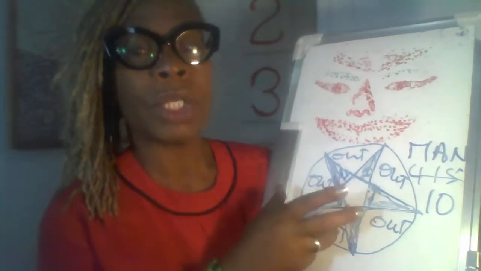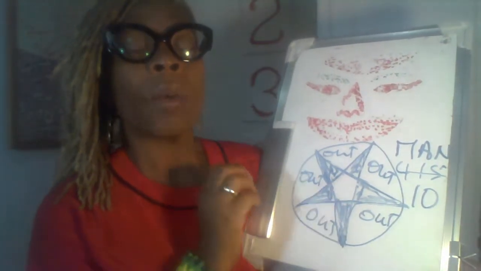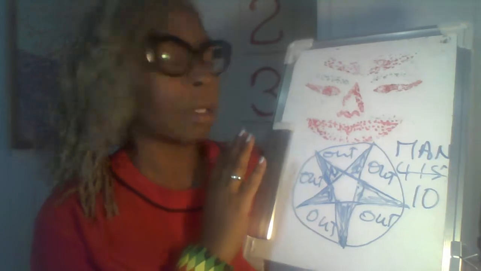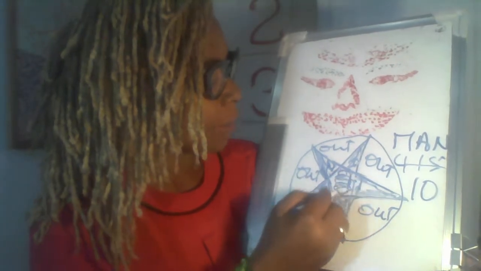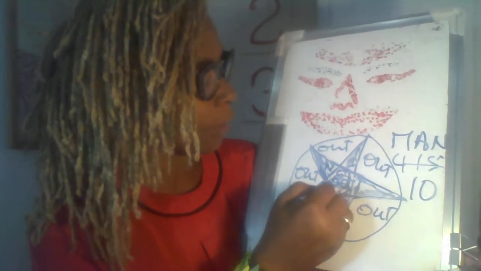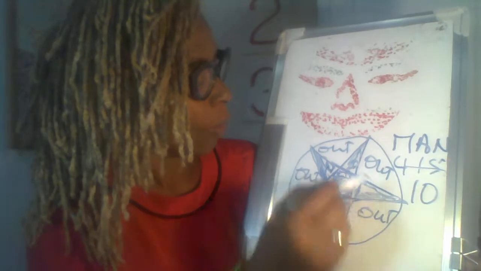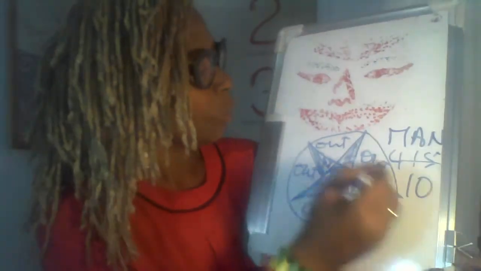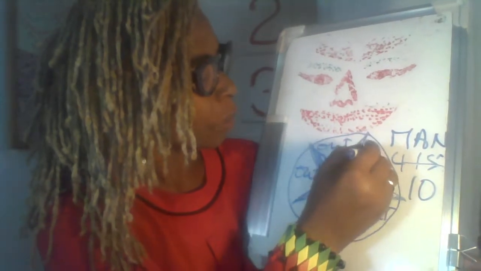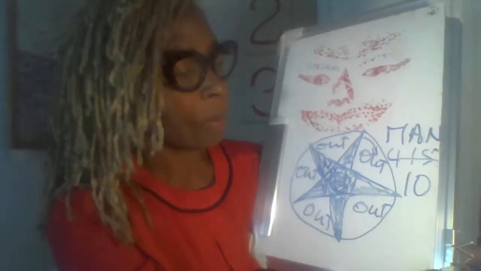we get the picture of what it means when it is said, and there was darkness on the face of the deep. Perhaps it's fair to say this is the deep here. And the Spirit of God moved like a spin.